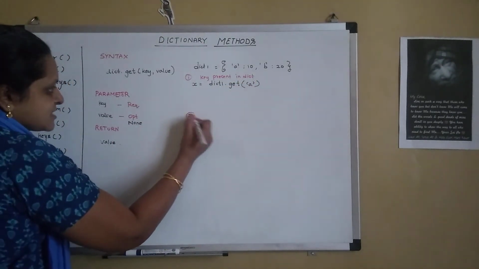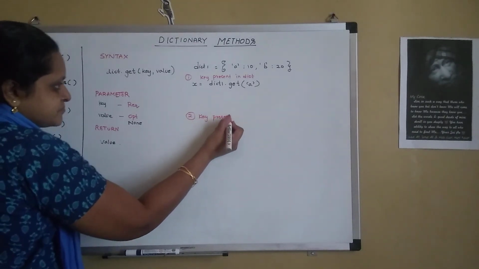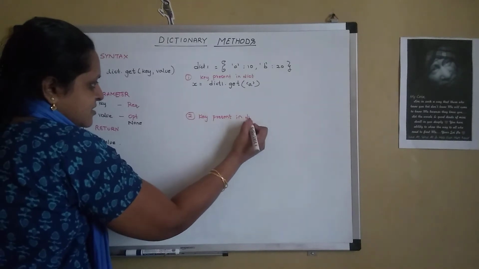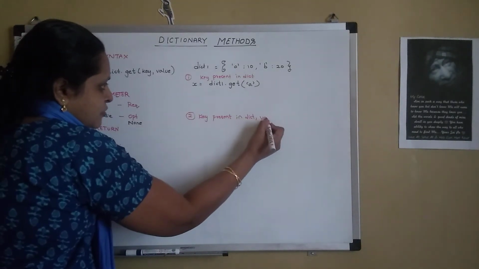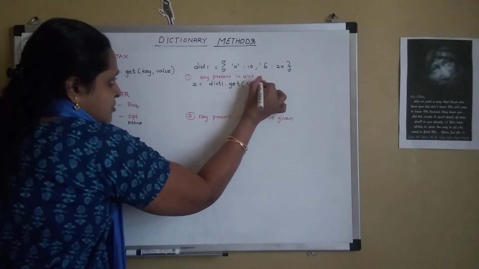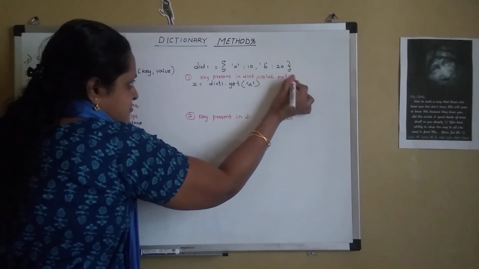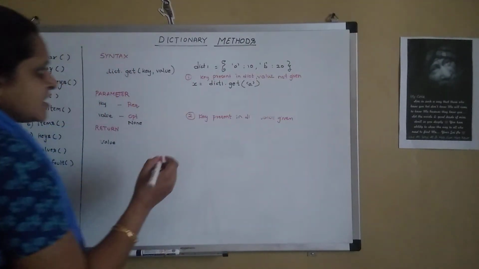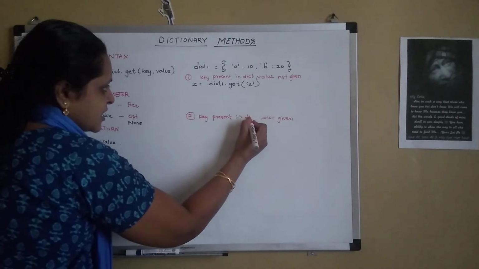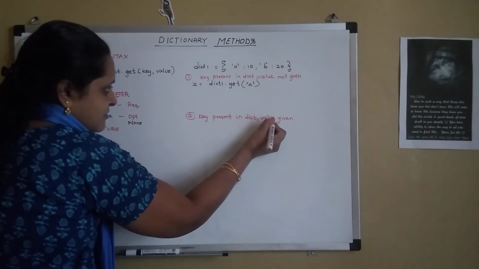What is the second case? Key present in dictionary, value given. Here we give the value.